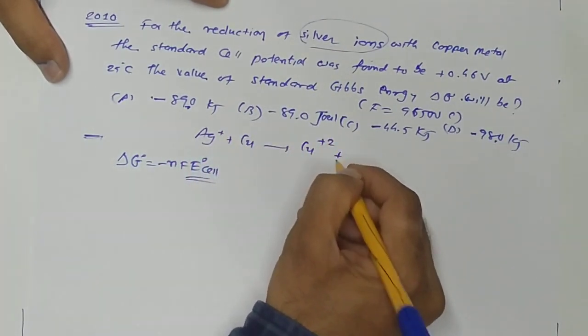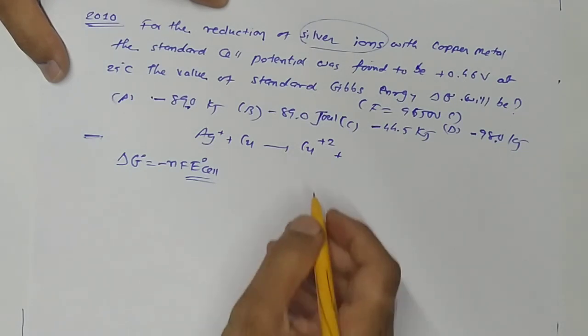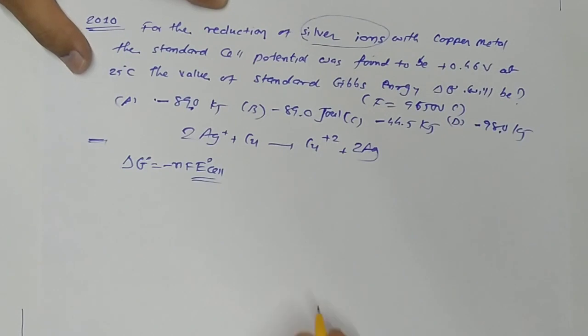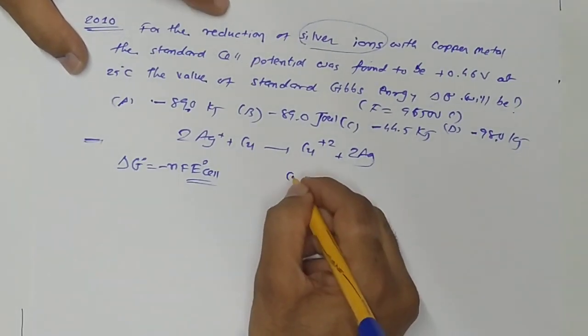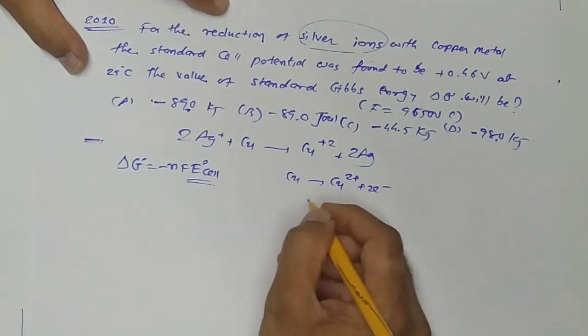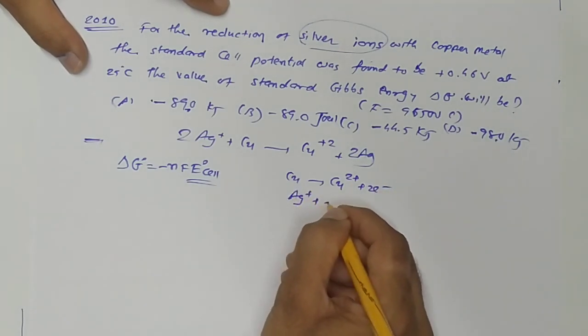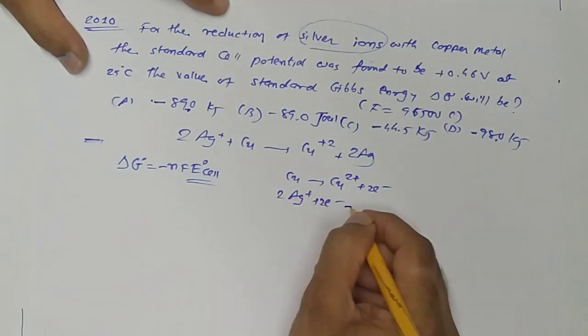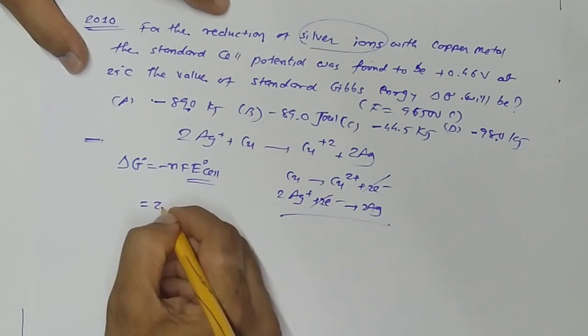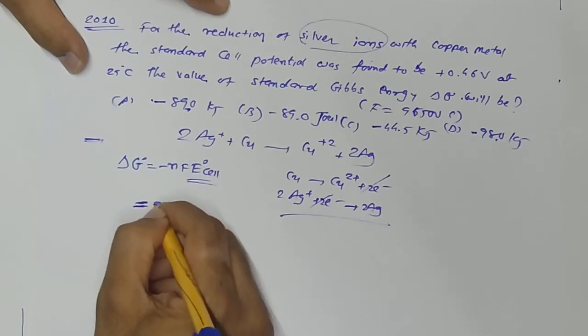Copper loses 2 electrons, giving Cu+2. 2Ag+ gains 2 electrons, giving 2Ag. So n is equal to 2 here.